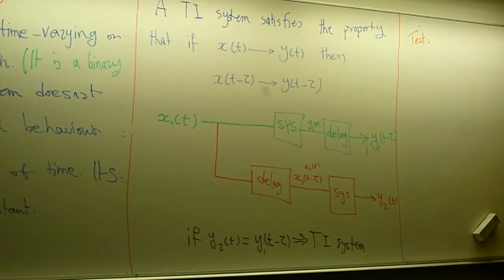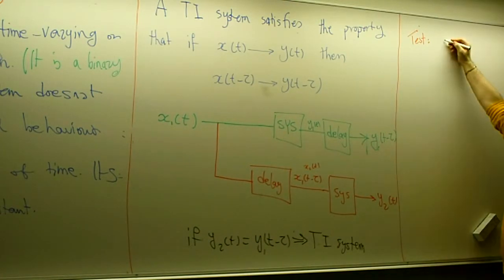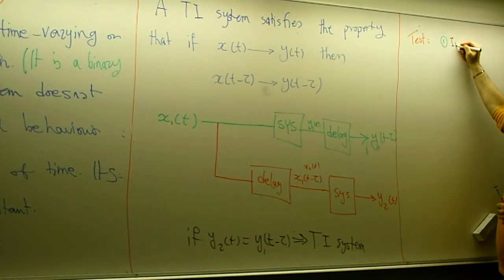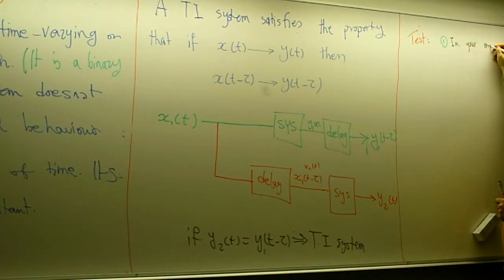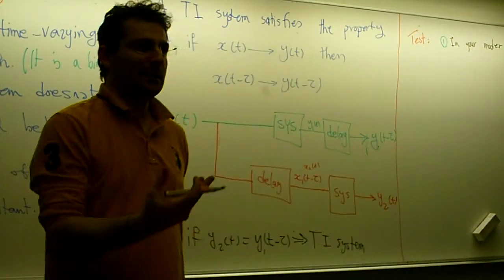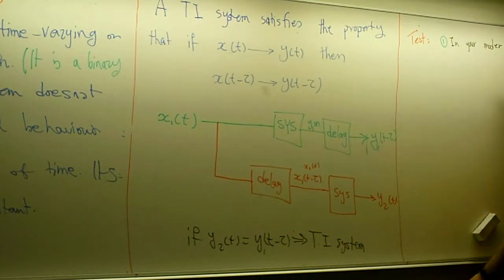There are 3 steps of analysis. Step 1: in your model, by model I mean the mathematical model, like y[n] is equal to x[n], something like that, change all t's to t minus tau. So wherever you see t, put t minus tau.